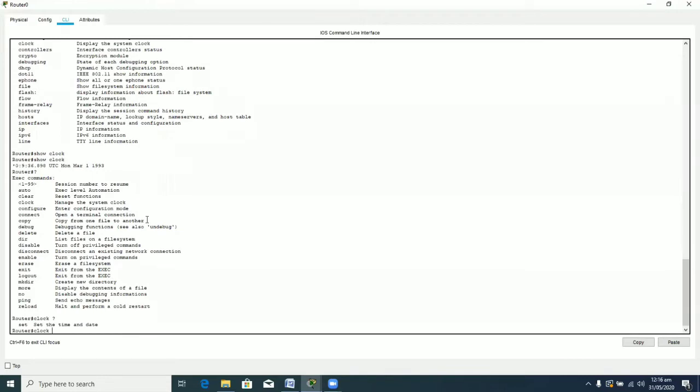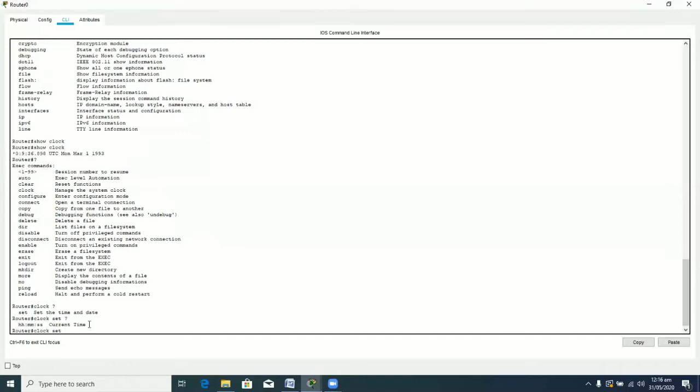After clock you should have the word set, and this set word sets the time and date. So I have written set. Now again using the help feature, it tells us that you have to put your time in the 24-hour format. So basically it is 12:16 a.m.